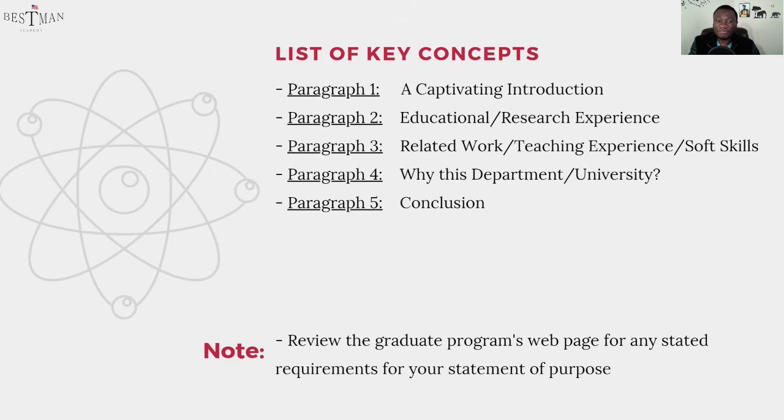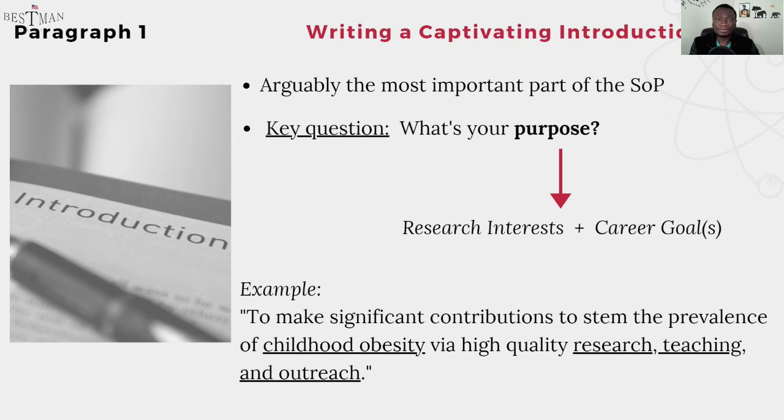Then paragraph 5 is where you conclude, and usually I advise that you conclude by summarizing what you started with and why this PhD in this particular university will be very beneficial in attaining your goals. And for each of these things we are going to see examples. You still need to review the graduate program's webpage for any other requirements that must appear in your statement of purpose. So let's get started.